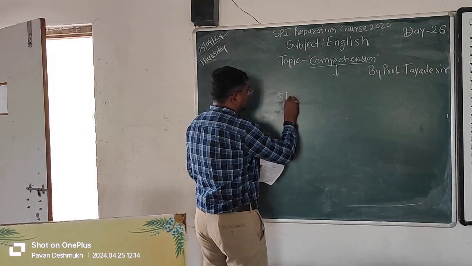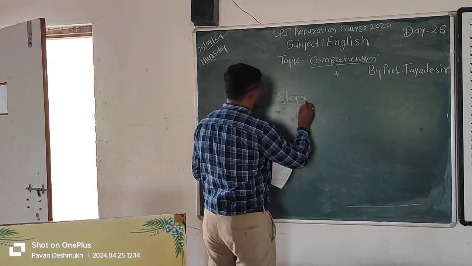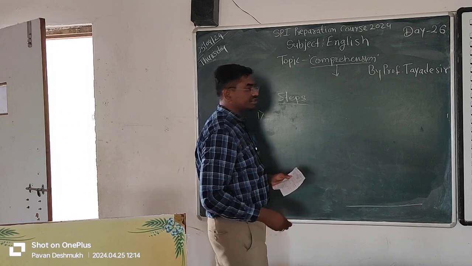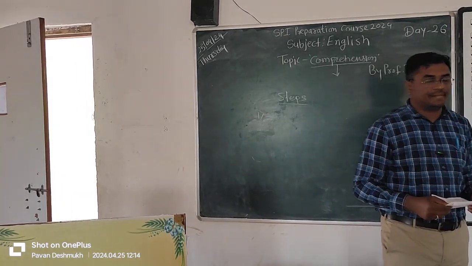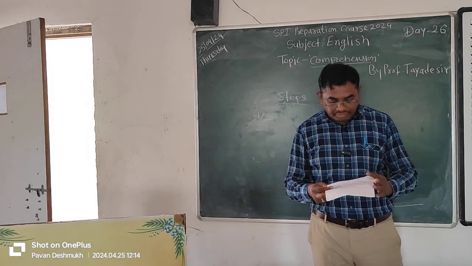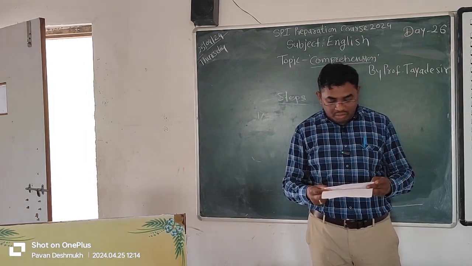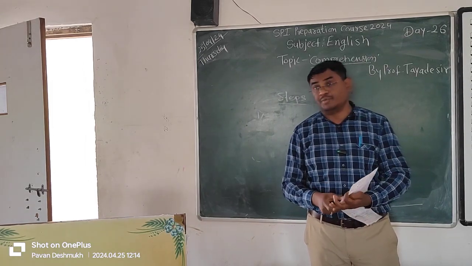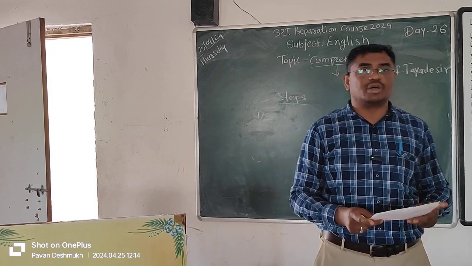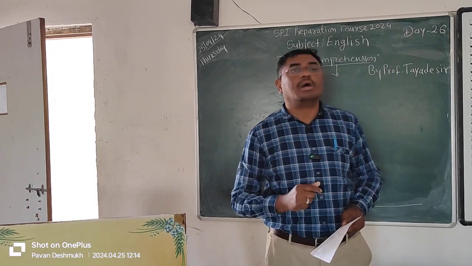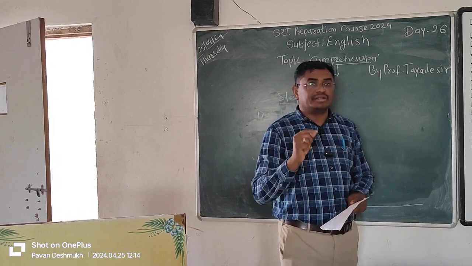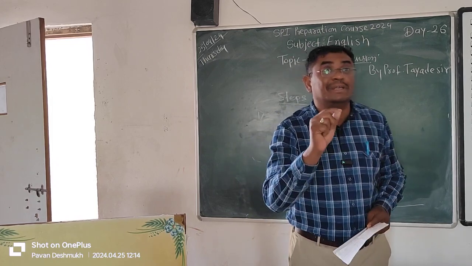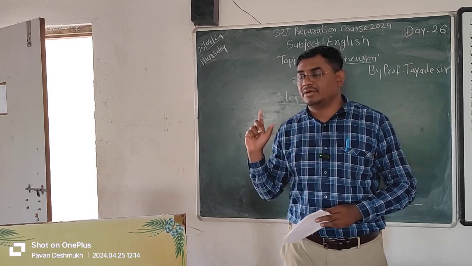First, steps to solve a comprehension passage. The first thing you have to keep in your mind, the most important thing, whenever you want to solve the comprehension passage, is to strictly answer on the basis of the paragraph only.